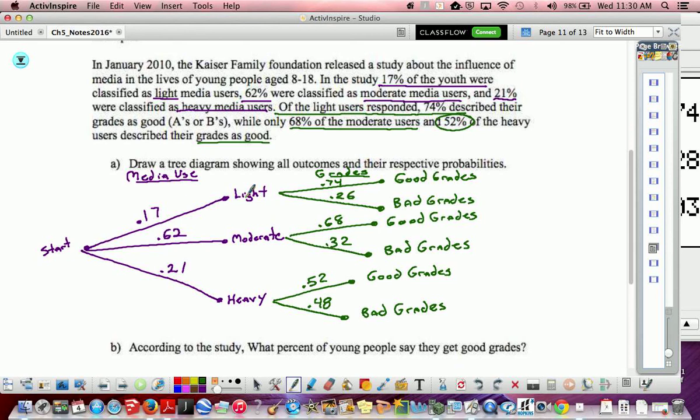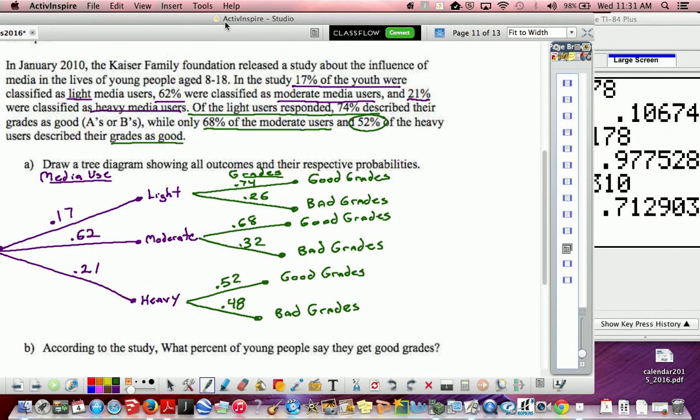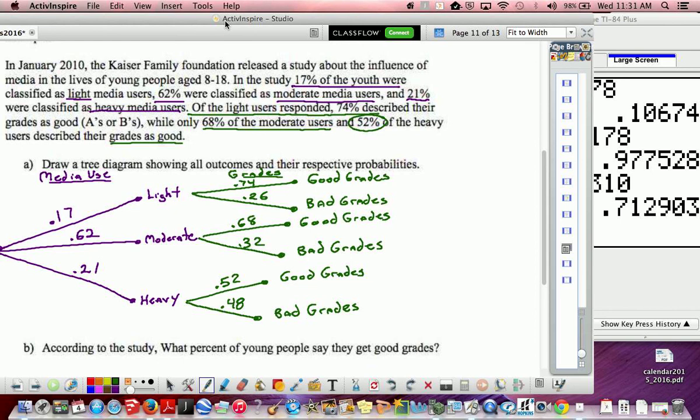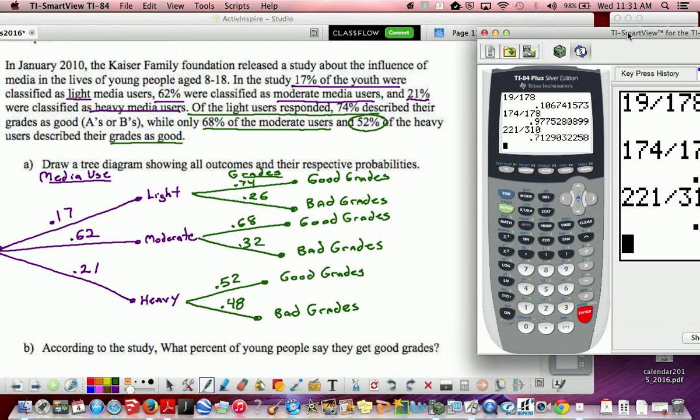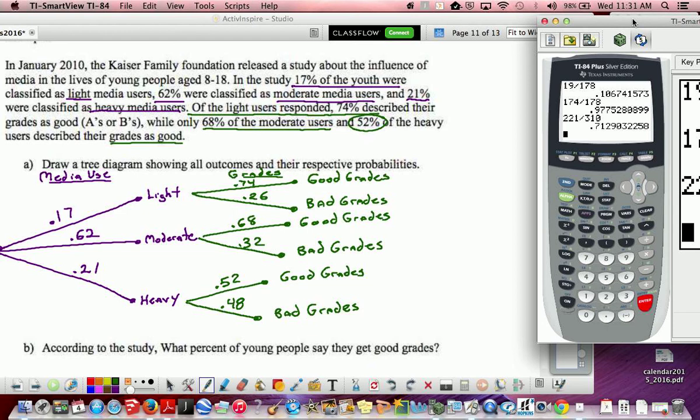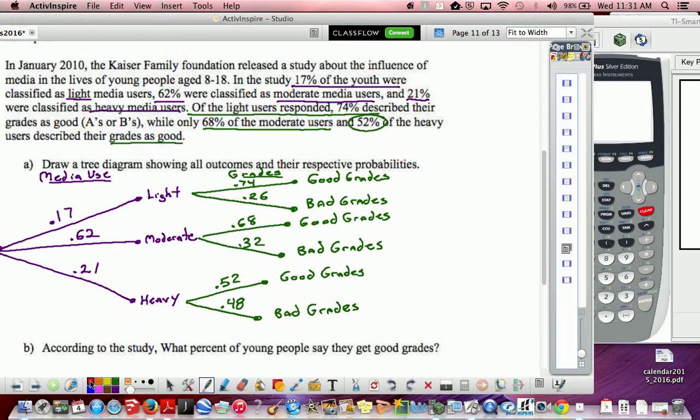So I need to take a minute or two. I'm going to just slide this over a little bit so I can see my calculator and try to do these all at the same time and write them. So the first one here, I'm going 0.17 times 0.74. Well, I'm going to do these in red so we can see them a little bit better.